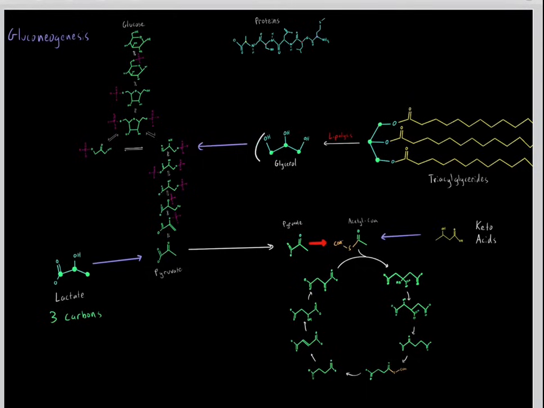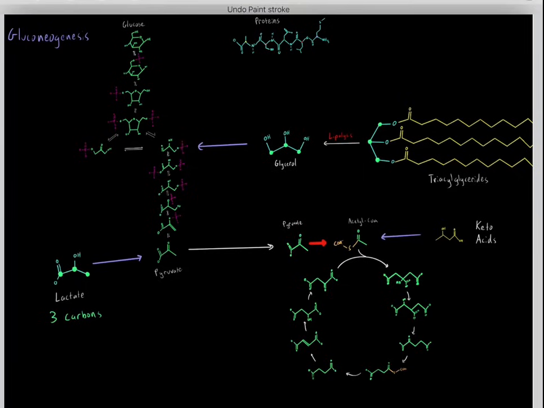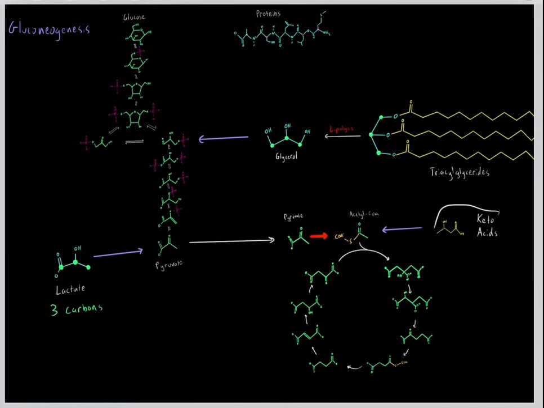The same thing with glycerol. We know we have these triglycerides, which is a storage form of energy. But when we hydrolyze these ester linkages and release a glycerol molecule, this glycerol molecule has 3 carbons. And glycerol can be converted into this intermediate, which we know can then be used to make glucose molecules. However, what about keto acids, like beta-hydroxybutyrate?